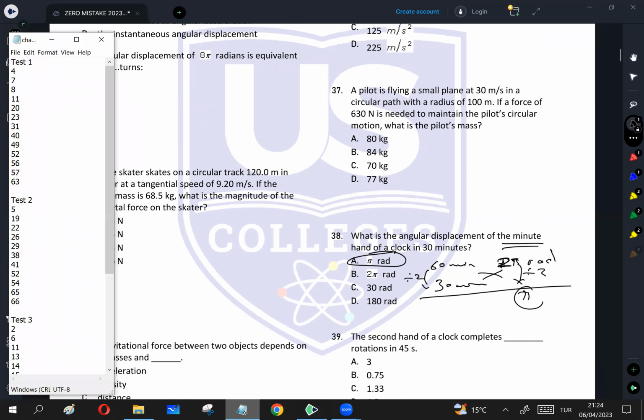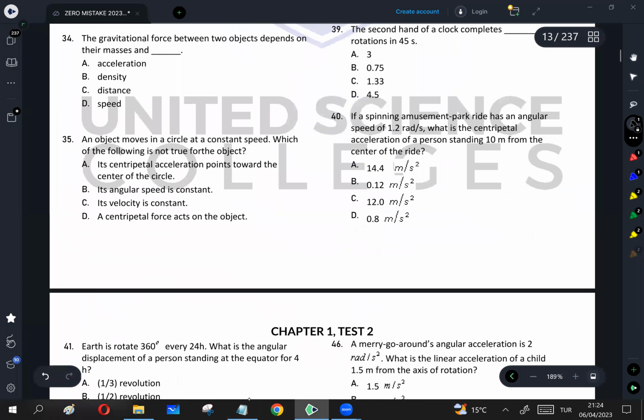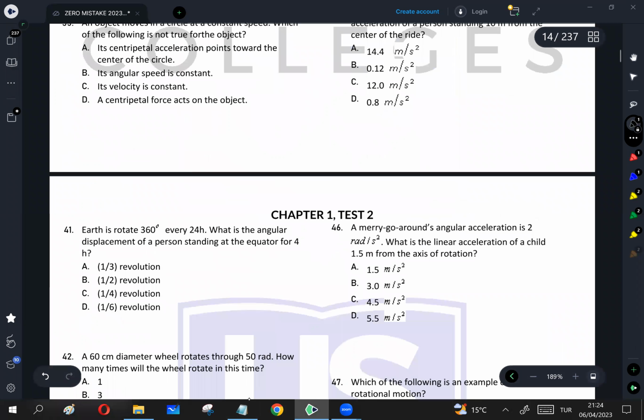And the next question after 38 is 41. Earth is rotating 360 degrees every 24 hours. What is the angular displacement of a person standing at the equator for 4 hours in terms of revolution? 360 degrees is one revolution.